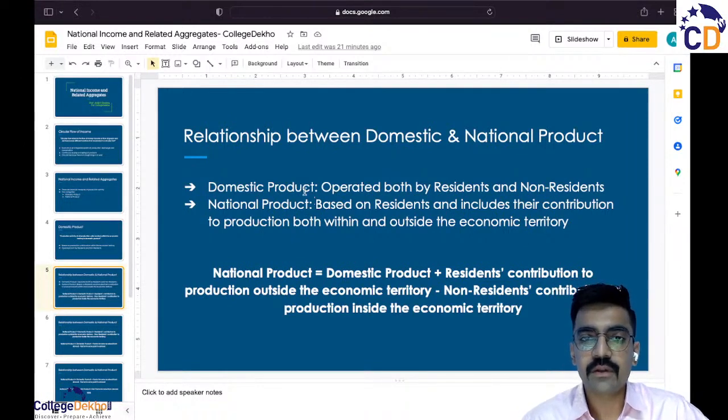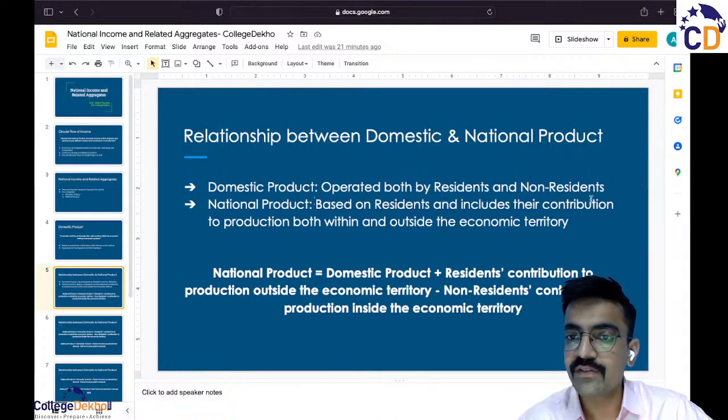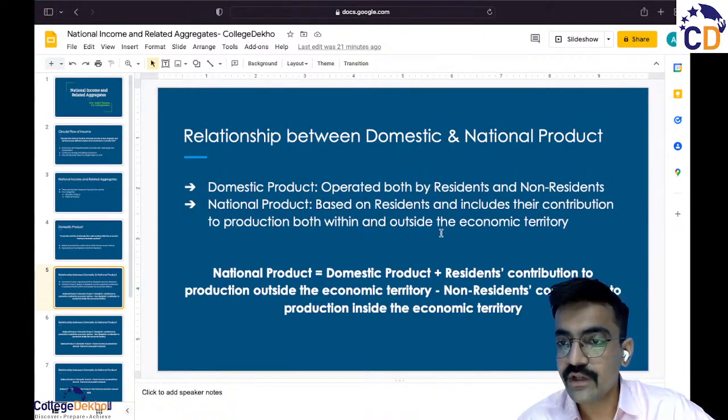So the major distinction here is that in the domestic product, the residents and non-residents were included, but in the national product, only the residents are included, not the non-residents. And for the residents as well, it includes their contribution to production both within and outside the economic territory.